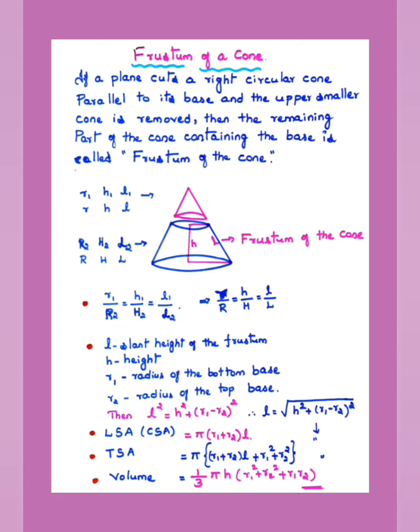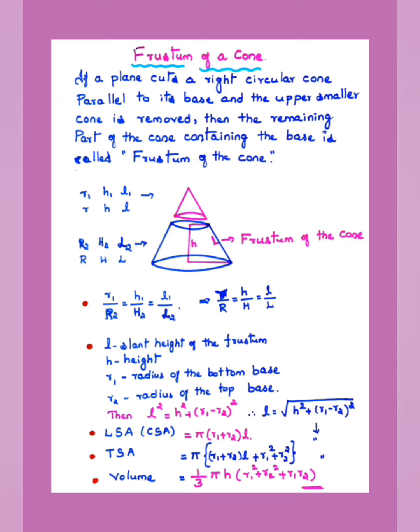So again I take capital R, H and L so as not to get confused with the first and second one. And how do you take the relation between these two? You can express this in ratio, small r by capital R, small h by H, small l by L. We can equate this. Or you can also equate r1 by r2, h1 by h2, l1 by l2. But since we are taking this R1 and R2 for the next one, let us not get confused. You can choose this formula.